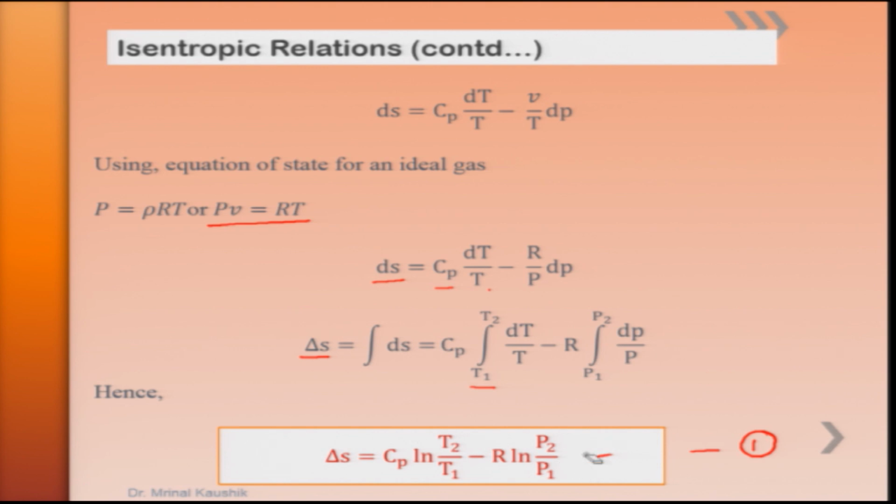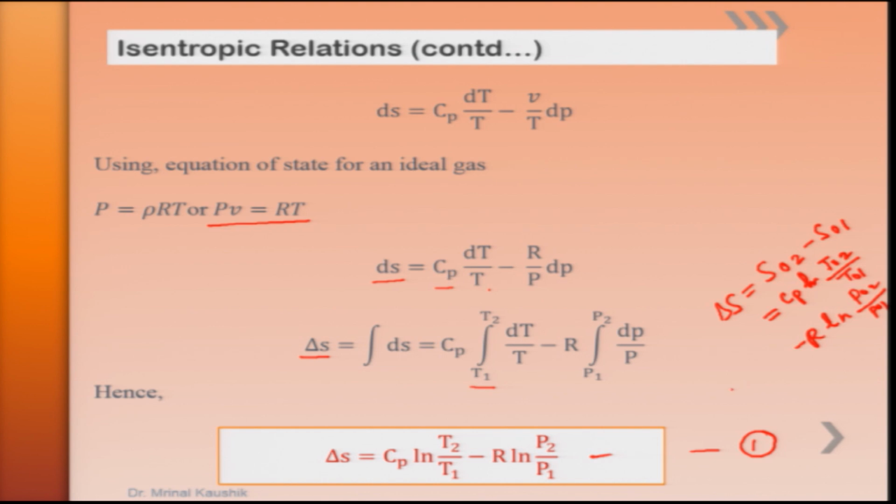If we are considering the state change from stagnation state 1 to stagnation state 2 such that the process is carried out adiabatically, then writing delta S and denoting S stagnation state 2 minus S stagnation state 1 as Cp ln T02 by T01 minus R ln P02 divided by P01, and since the stagnation temperatures are constant, this term is 0.